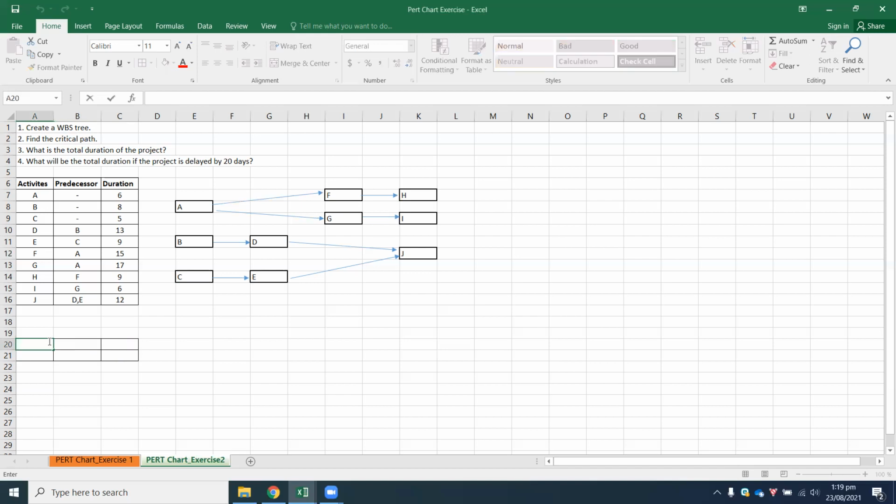So you have ES, early start, and then EF, early finish. Likewise, you have late start, LS, and LF for late finish. Over here, you have the activity, and at the bottom, you have duration.